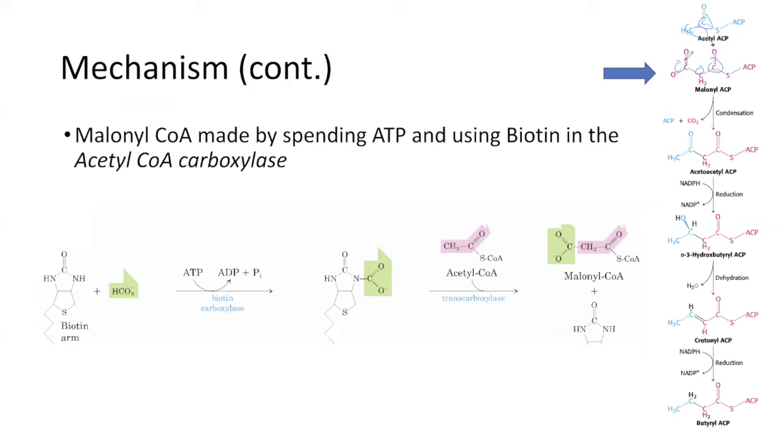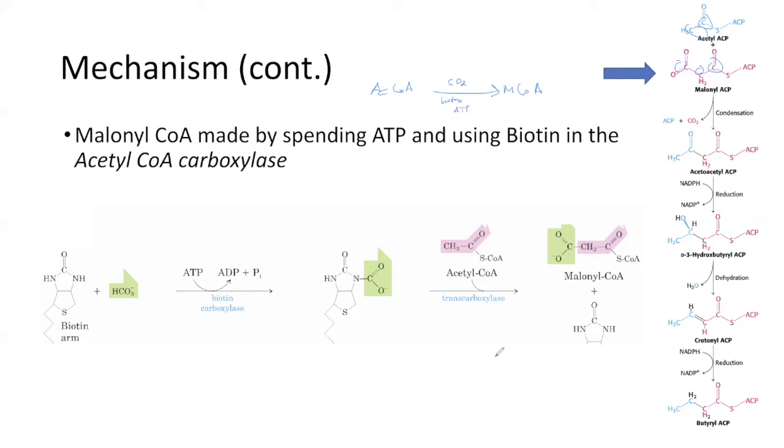And so this mechanism you've learned already. Whenever you carboxylate something, you have to use a couple of reagents. If I were to write this on the exam, acetyl-CoA turning into malonyl-CoA, the reagents I would need are first CO2, because that's where the carbon comes from. I need a biotin, and then I need ATP.